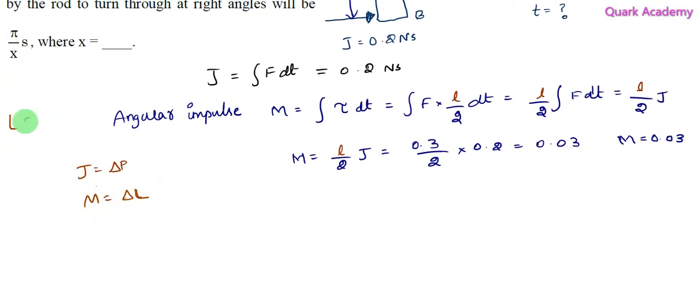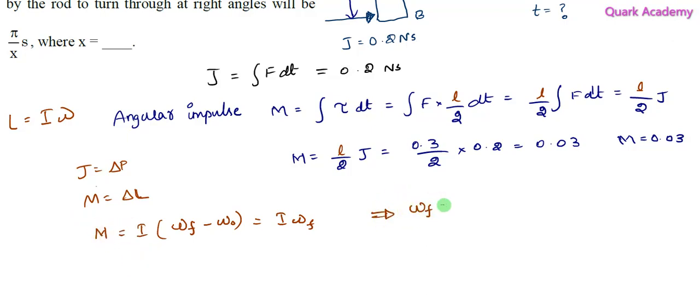So here the angular momentum, I can write it as I times omega. Since we want change in angular momentum, here the moment of inertia I is not going to change, only the angular velocity will change. So omega f minus omega 0. Omega 0 is 0. Omega f is non-zero, so it will become I into omega f, angular momentum. So I want this omega f only.